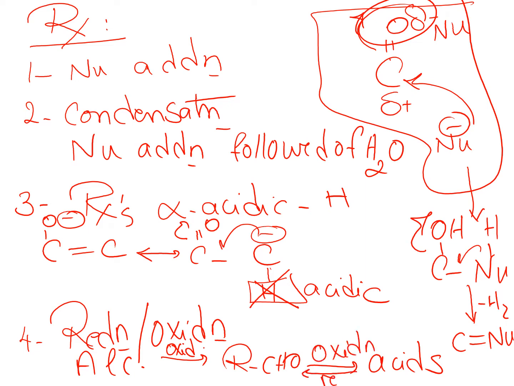However, if you reduce acids, you will reach aldehydes, and if you further reduce them, you will go back to the alcohol. So they are a step in between the acids and alcohols. They are in the middle of mutual oxidation reduction reactions. Okay, so this is the fourth type of reactions.